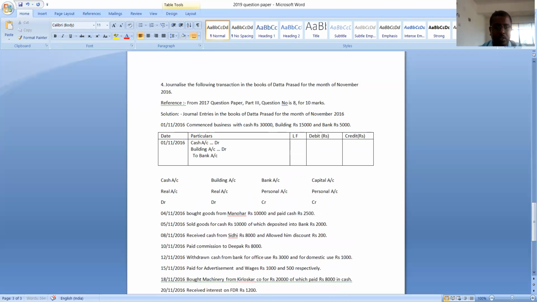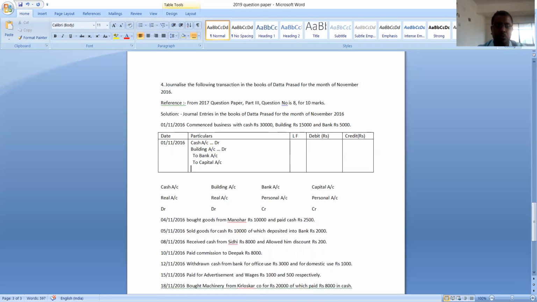Bank account is credited. Later again, which account is credited? Capital account is credited. It is how we should write the journal entry. So cash account debit, building account debit, to bank account and to capital account.